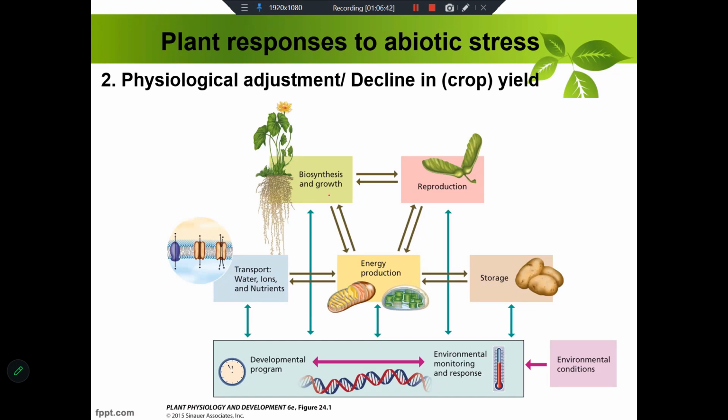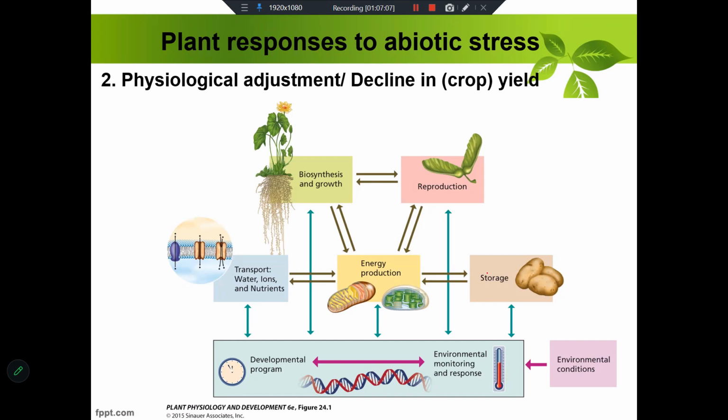Here in this diagram, you can see some main physiological processes. Biosynthesis and growth, that is, biosynthesis means photosynthesis, and growth processes. Reproduction, there are some physiological processes associated with reproduction.